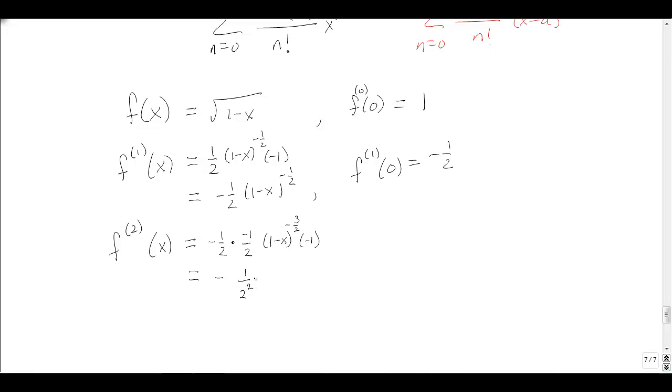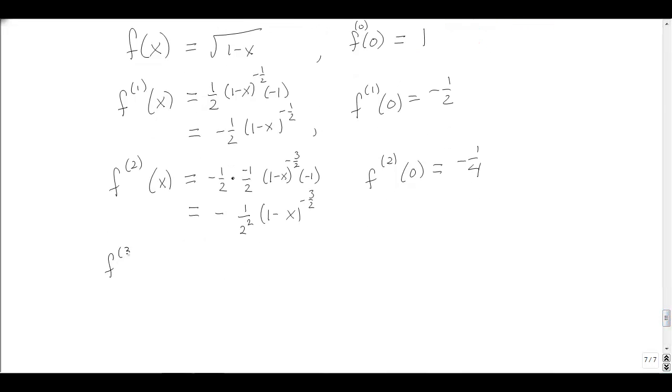I could do 4 here, but generally not simplifying these will allow you to see a pattern more easily. Not always the case, but sometimes that's really true. And so I do my second derivative at 0. The 1 minus 0 is just 1, and 1 to any power is 1. So this is negative 1/4.